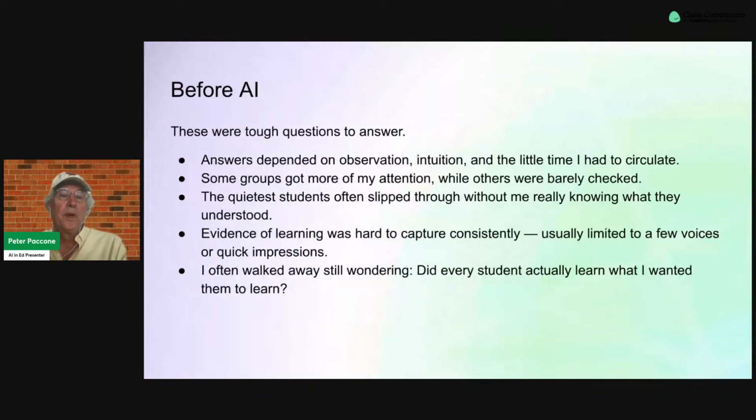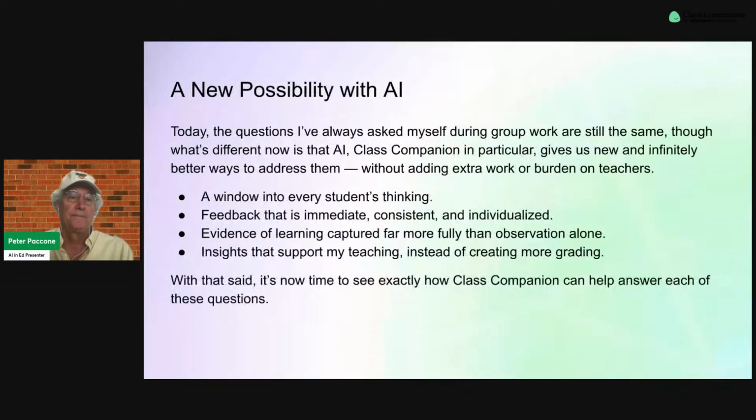So now with AI, with Class Companion, the questions I've always asked myself during group work still remain the same, though what's different is that with AI, with Class Companion, I now have an opportunity to address these questions a whole lot better without adding a lot of extra work, a burden onto my shoulders. So the way I like to phrase this is now we have a better window into every student's thinking.